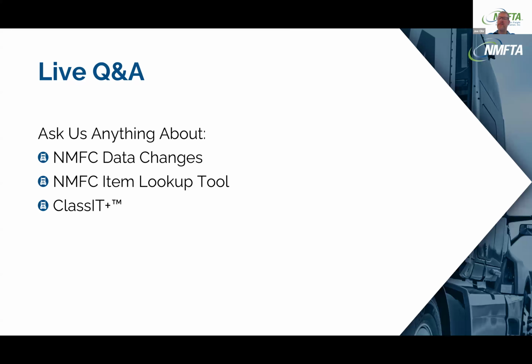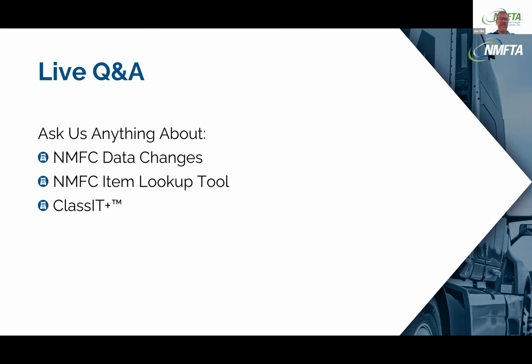Okay. And then there's a couple questions that I'll answer related to the NMFC codes changing. The first question is, is there a downloadable Excel sheet? There is a downloadable Excel sheet. It's within ClassIT, but we also have the NMFC Item Lookup Tool.